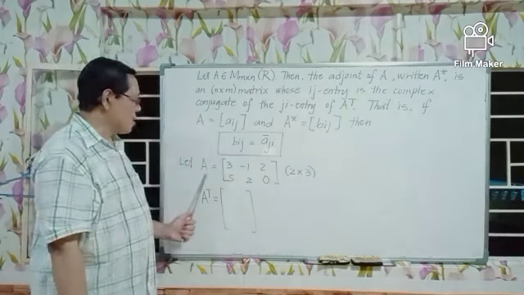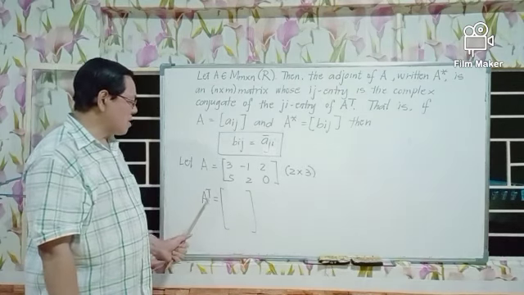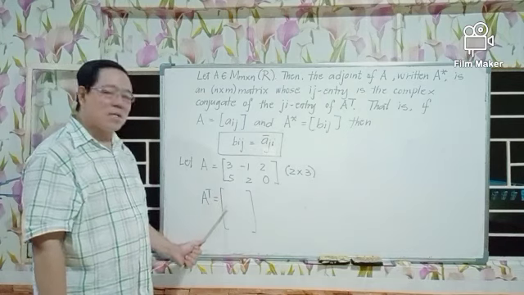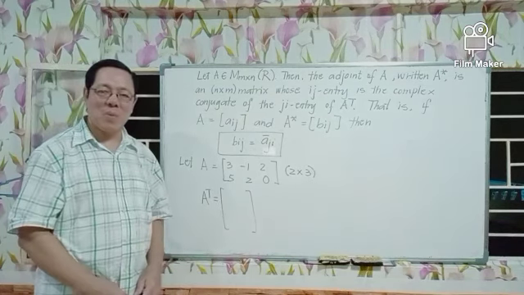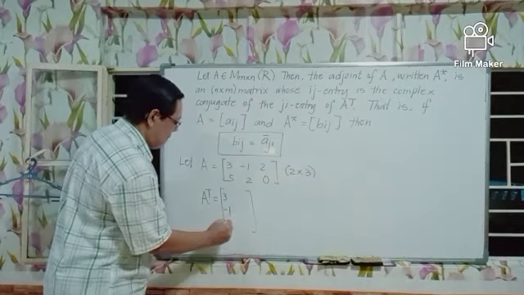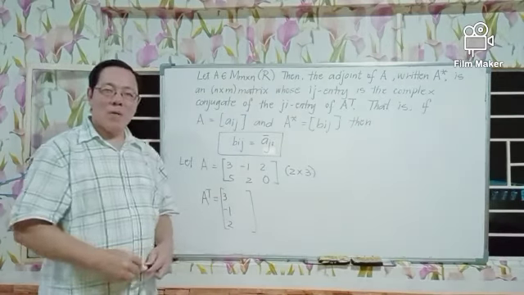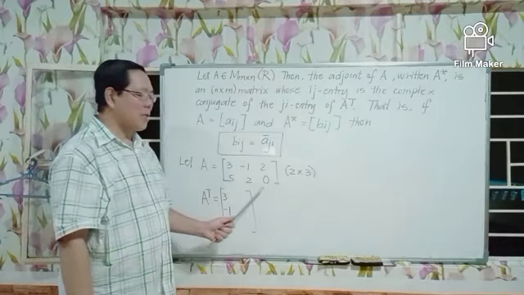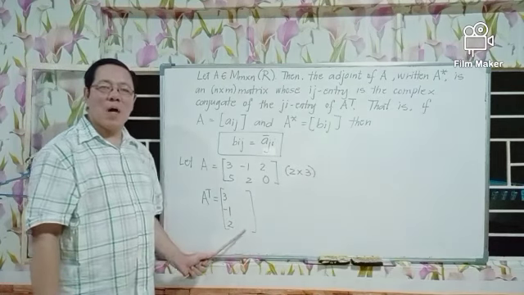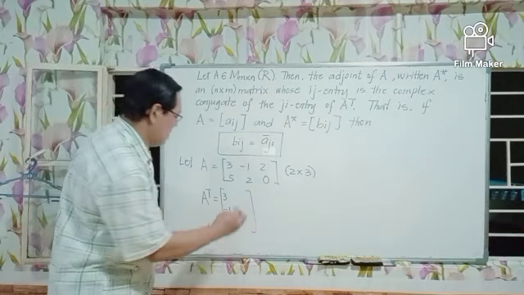Thus, to get the transpose of A, denoted by A transpose, we write the first row of matrix A as the entries in the first column of A transpose. And we write the entries in the second row of matrix A as the entries in the second column of A transpose.